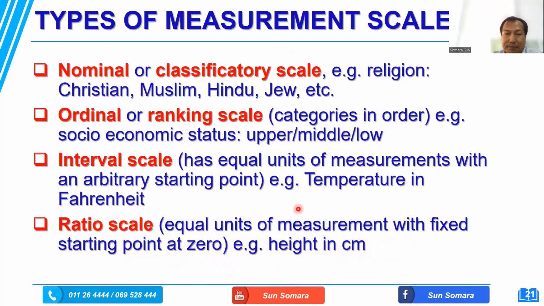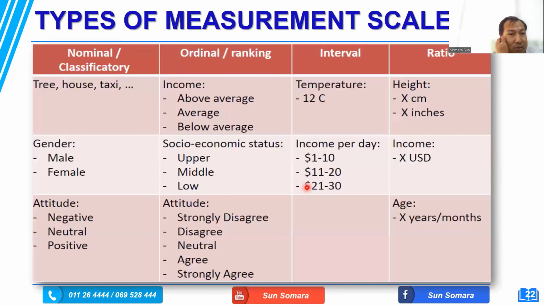You can see more from this table. When we talk about the type of measurement scale, for example nominal or classificatory, like tree, house, taxi, and so on, can be listed down here. Ordinal or ranking can be like income: average and below.